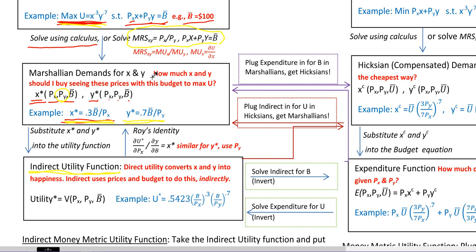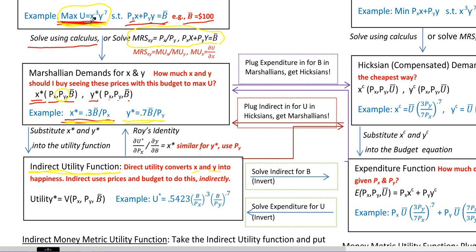A Marshallian demand answers how much x and y you should buy given prices and budget, B. With a direct utility function, we're putting x and y into a function to calculate how much utility you're going to get. That's what we call the direct utility function, for example, this Cobb-Douglas that we're looking at.